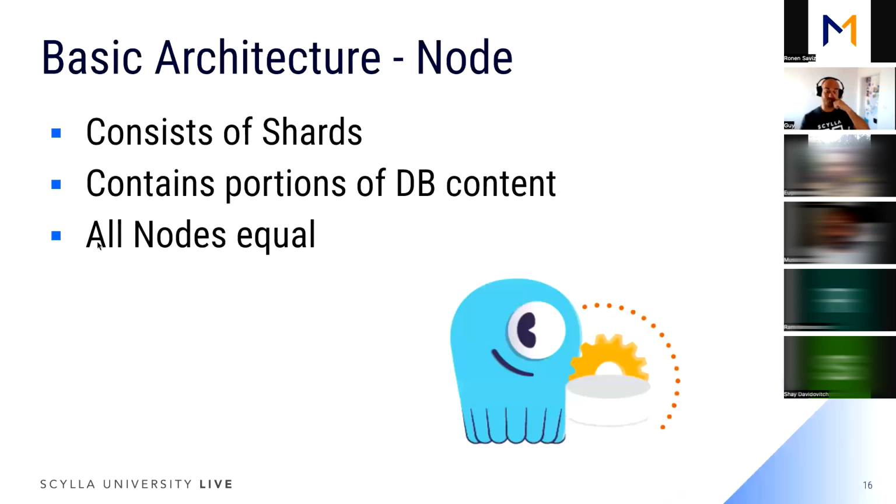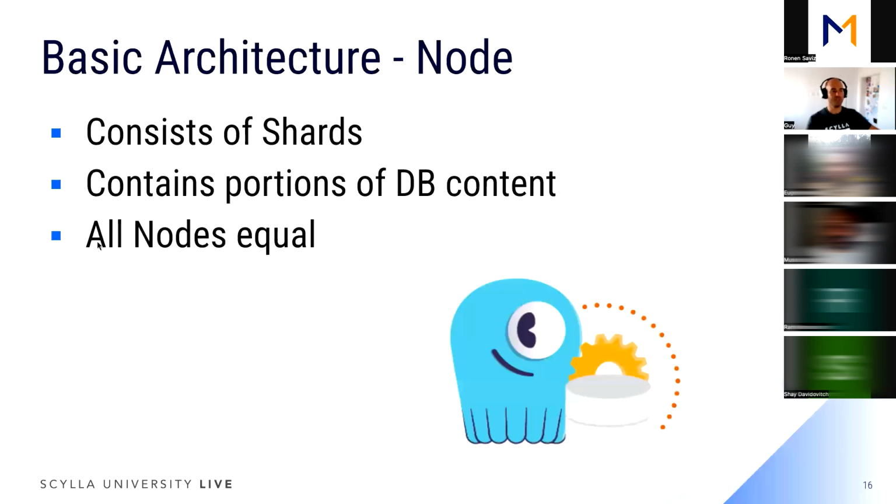Okay, and that's important. So in ScyllaDB, data is replicated, and that means that multiple copies of each data are held on different nodes. And that goes together with high availability. So even if one node becomes unavailable, we can still serve requests because we have multiple copies.